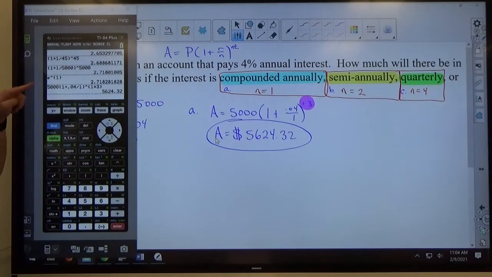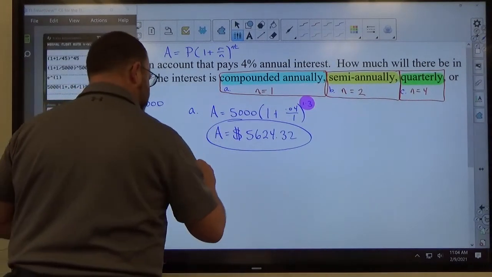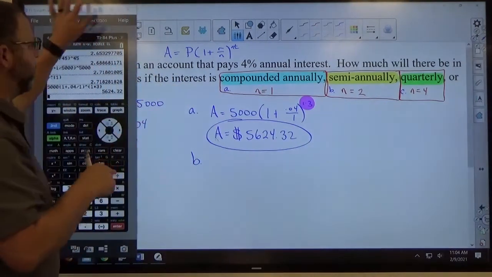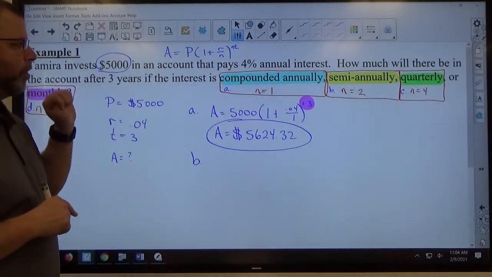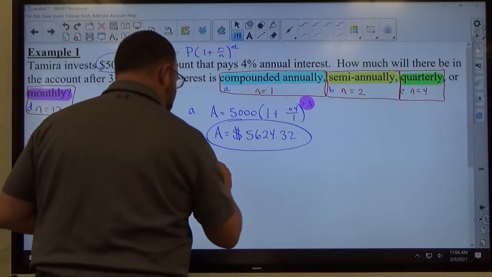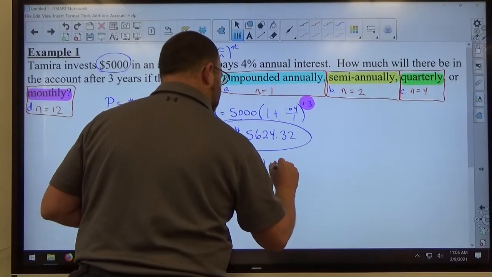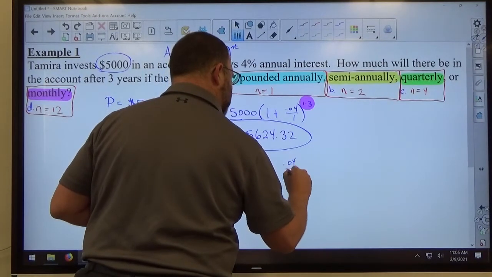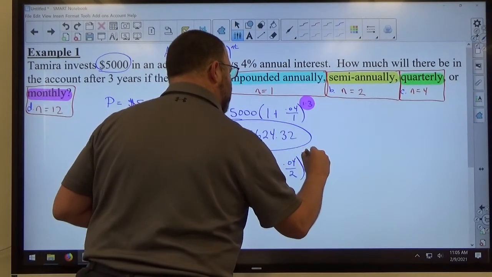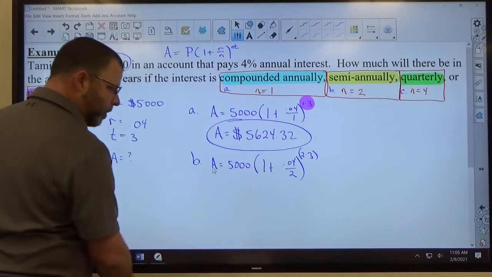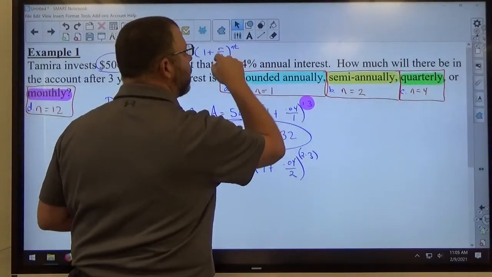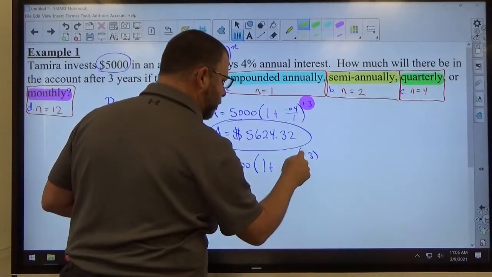All right. If we go semi-annually, part B, same exact formula, except now n equals 2 instead of 1. So now A equals 5,000 times 1 plus 0.04 divided by 2, to the 2 times 3 power. Notice for part B, n equals 2.